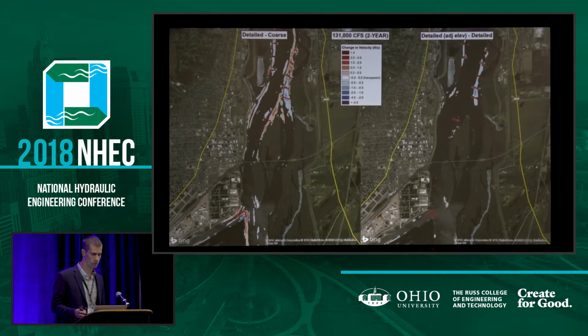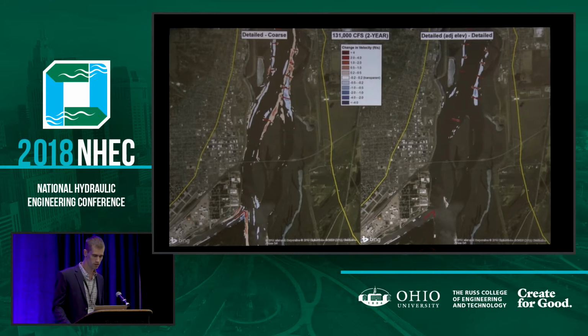As we go up through the remaining flow rates, I started to see some surprising results in the velocity field. As you refine the mesh, you actually see higher velocities in the wing dam field, and I was pretty surprised to see that.